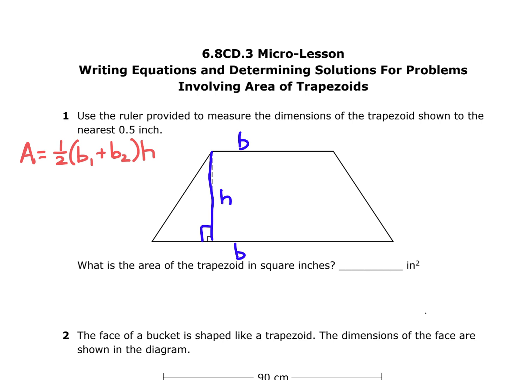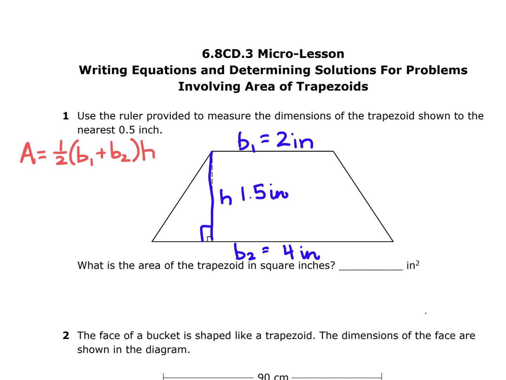I just call the one on top base 1 just because I like things sequentially, and top to bottom is sequential. So when I measure it in inches, base 1 is going to be 2 inches. Base 2 is going to be 4 inches. And my height is going to be 1.5 inches.